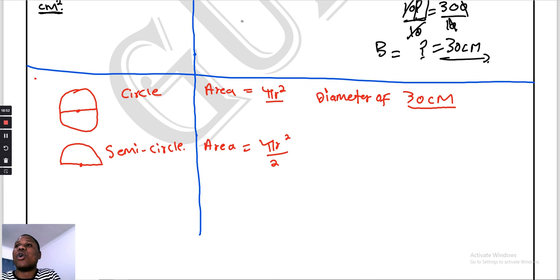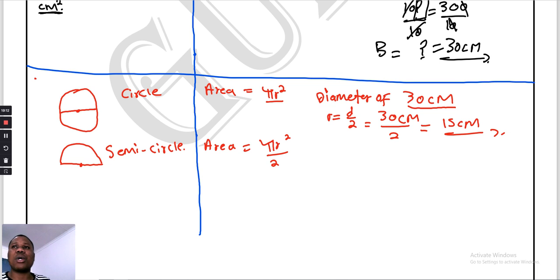Okay, so we know that radius is equal to diameter divided by 2, which is going to be 30 centimeters divided by 2, meaning that our radius is 15 centimeters.